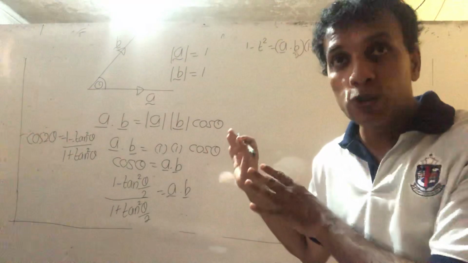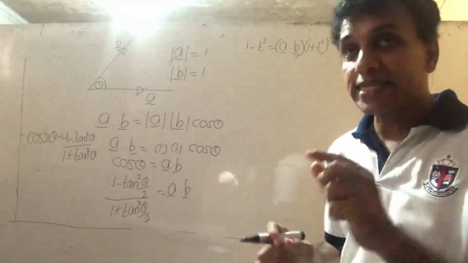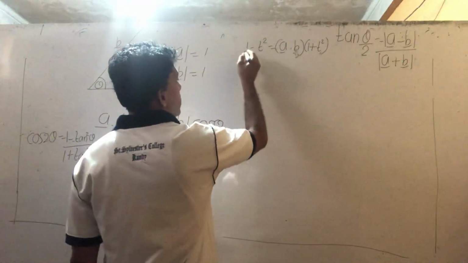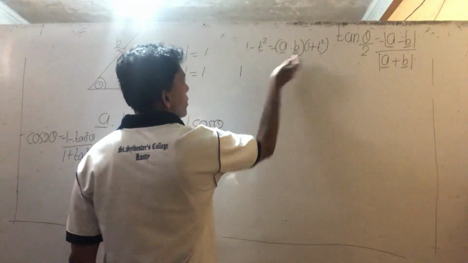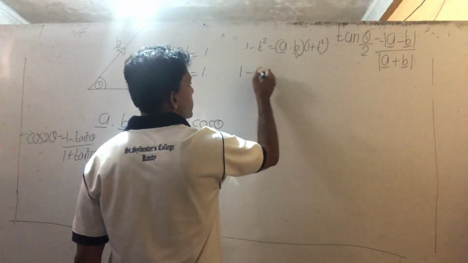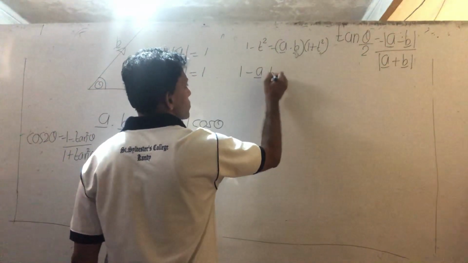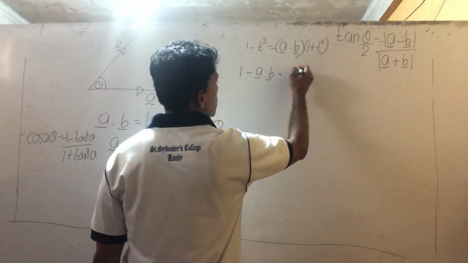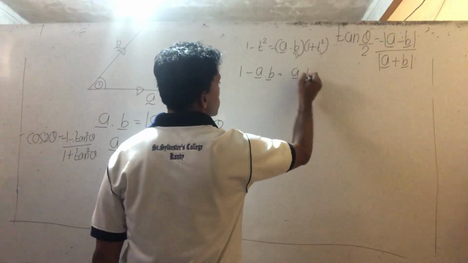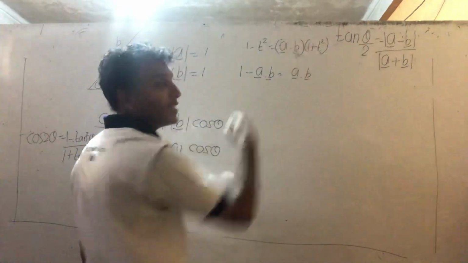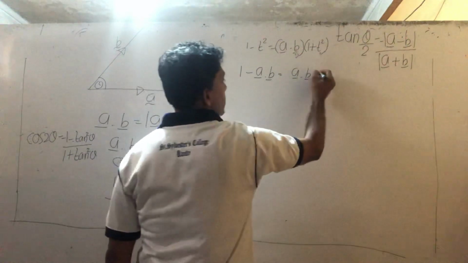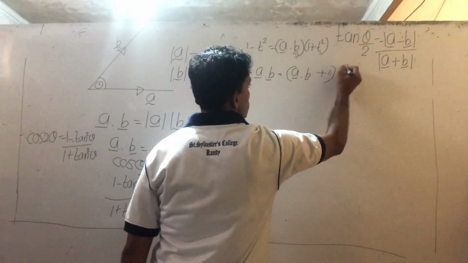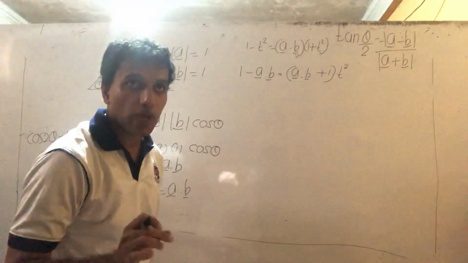So rearrange and solve: take 1 minus A dot B on one side, and A dot B t square plus 1 into t square on the other side, where t means tan theta by 2.